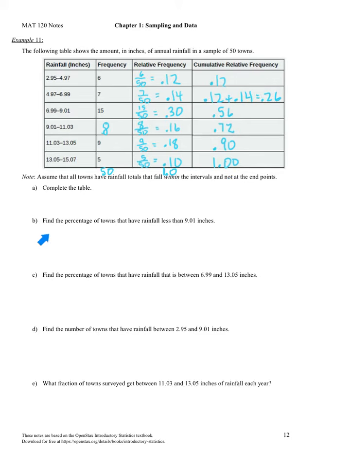In example B, we're asked to find the percentage of towns that have rainfall less than 9.01 inches. That means we would look at the number of times we've had less than 9.01 inches of rain, and that is 56% of the time.